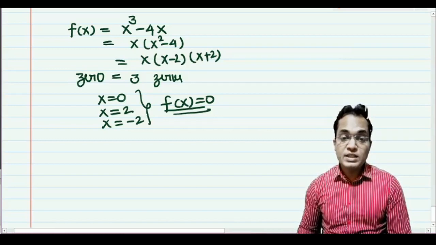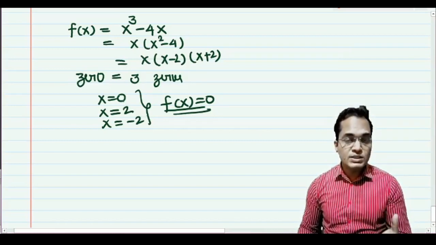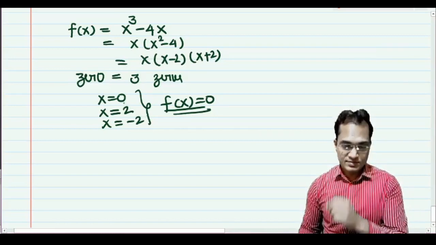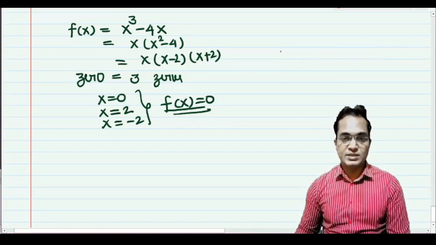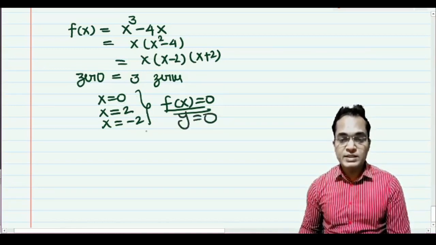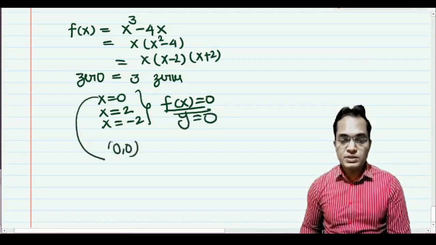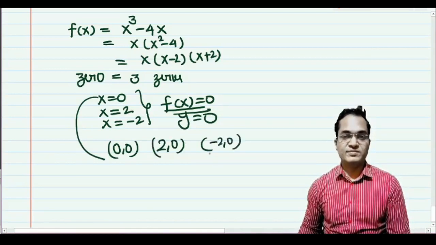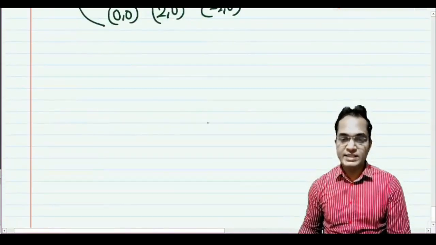Where do these zeros lie? On the x-axis. Why? Because y is 0, meaning the first point becomes (0, 0), the second (2, 0), and the third (minus 2, 0). Yes or no? Yes. Then what is the nature of the graph? Let's see.